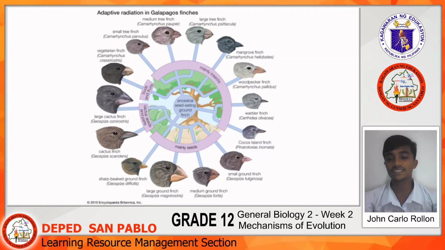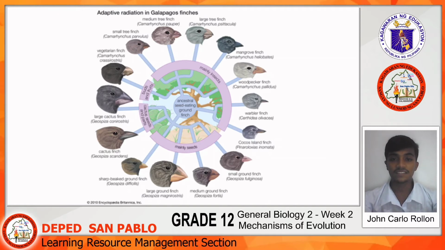The best example of this is Darwin's finches. The Darwin's finches diagram illustrates the way the finches have adapted to take advantage of feeding in different ecological niches or ecological roles.